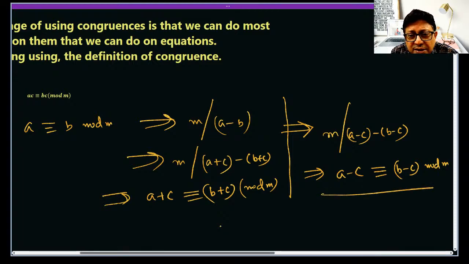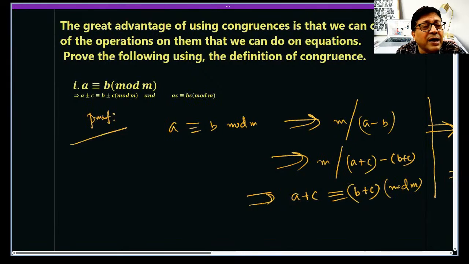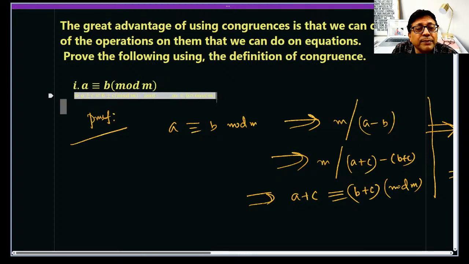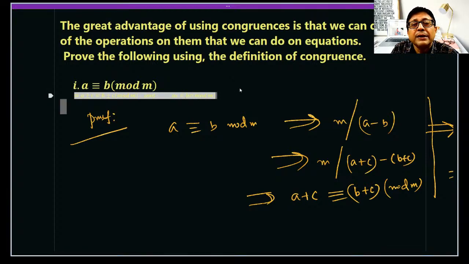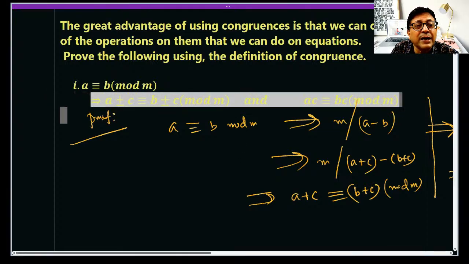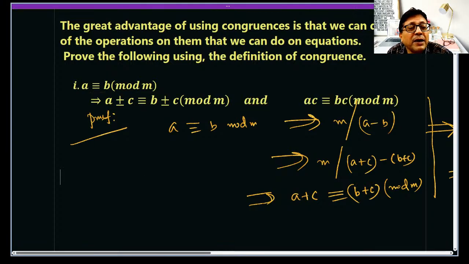Yes, we can state this. So if A is congruent with B mod M, then A plus C is congruent with B plus C mod M and A minus C is congruent with B minus C mod M.